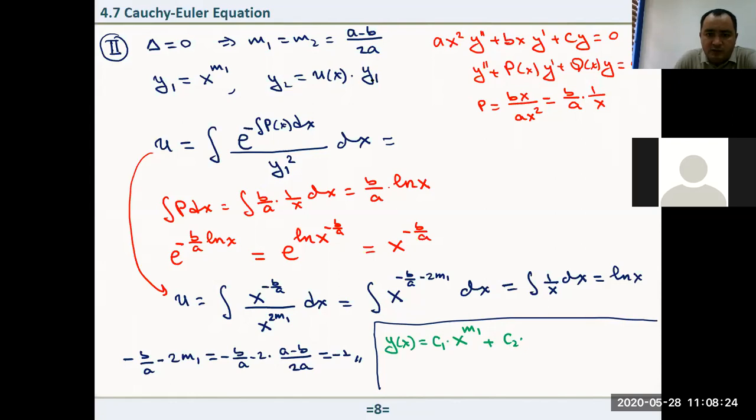What is y sub 2? It is y sub 1 times u of x, so x to the power m sub 1 times u, where u is equal to the natural logarithm of x. So here we have the natural logarithm of x. This is the solution of the given differential equation if the auxiliary equation's roots are equal.